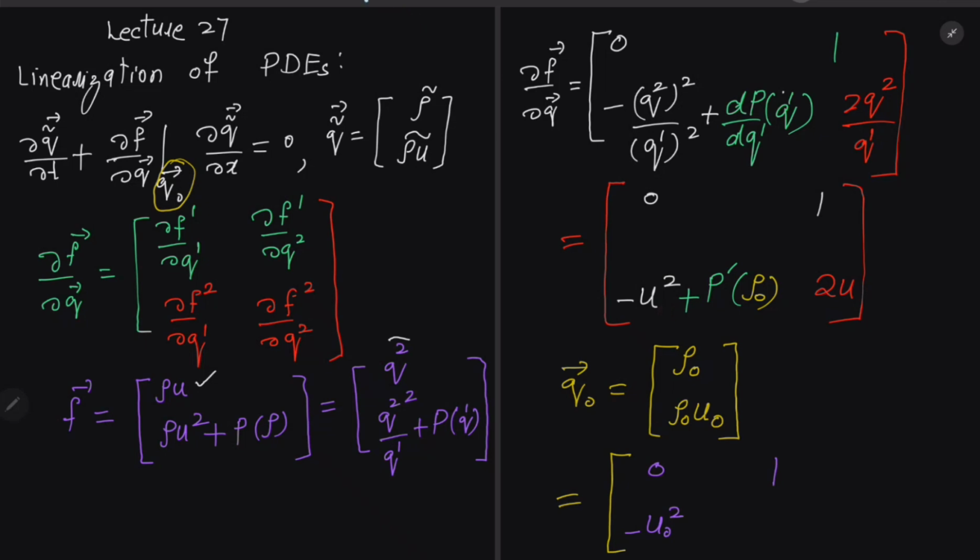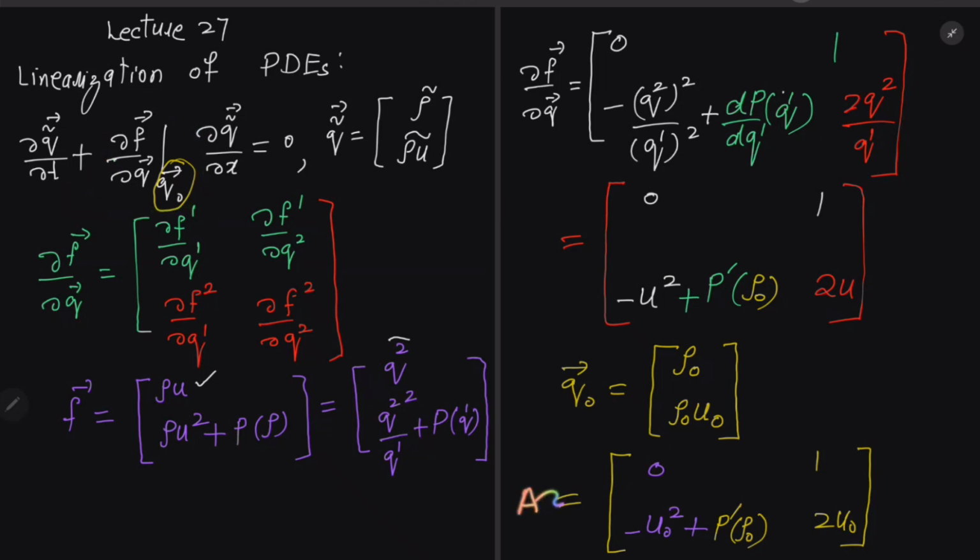So minus u naught square plus p dash of rho naught, and then we have 2u naught. Okay, so this is the Jacobian matrix.